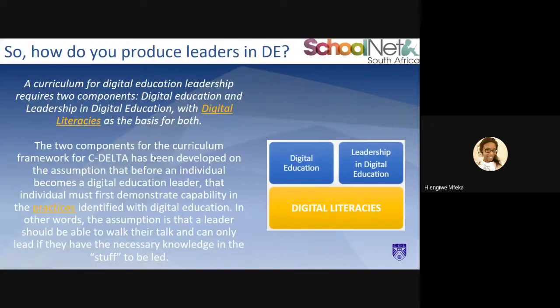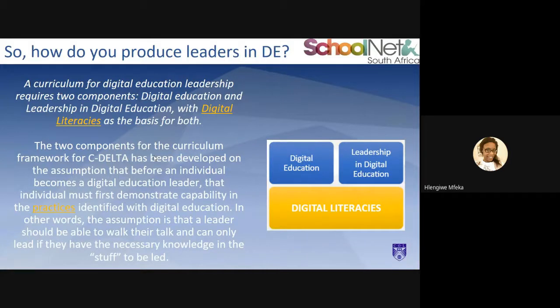Right. So how do you produce leaders in digital education? That is a question. I won't dwell much on this, because this is something that you will learn as you study the modules. But just to give you an idea, like I have mentioned earlier on, this is to unpack certain things so you have an idea what this is all about.